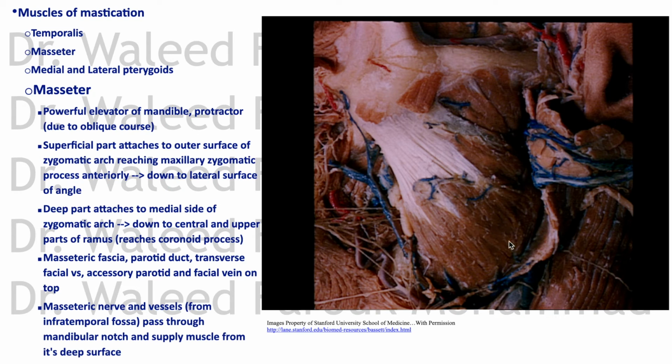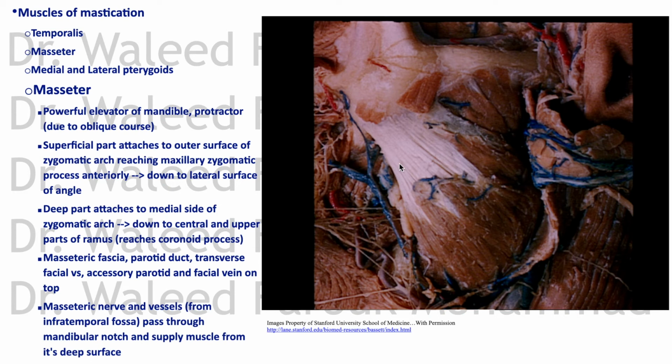Now, it's important for the masseter to know the relations of the masseter. It's been a subject for questions. Remember, we said the parotid overlaps the masseter. Also, the parotid duct runs across the masseter with the transverse facial vessels above the duct, between the duct and the zygomatic arch, on the masseter, right?